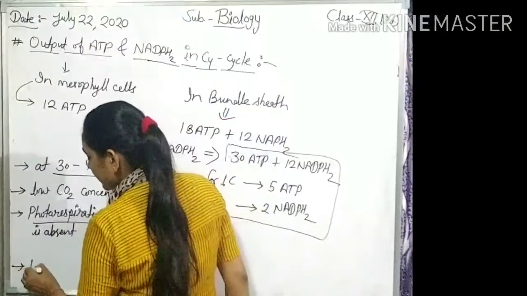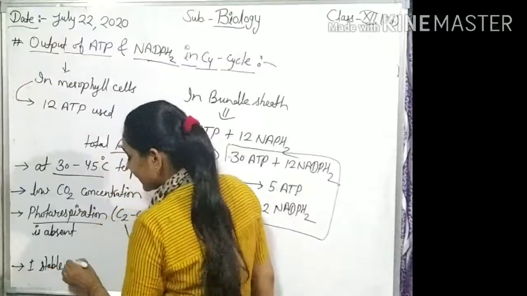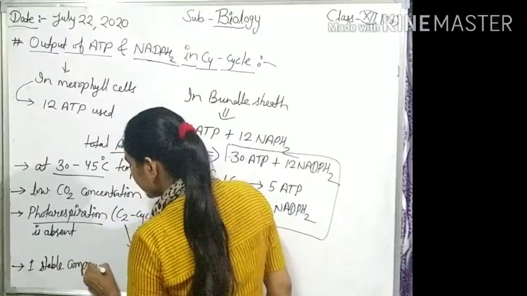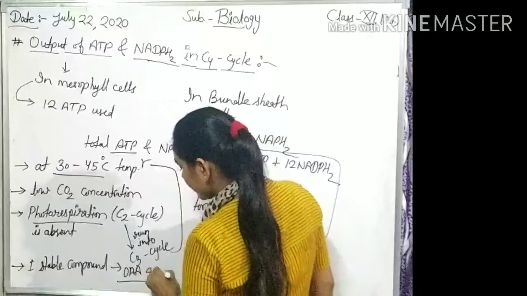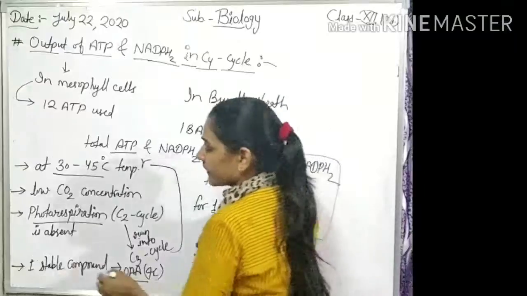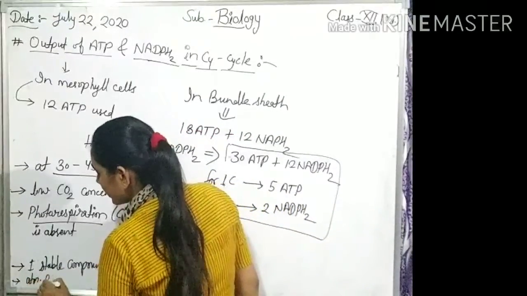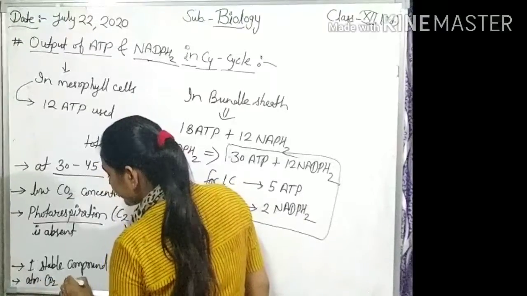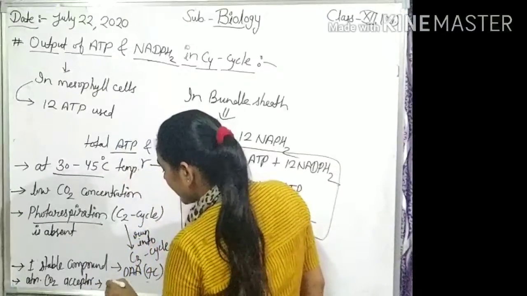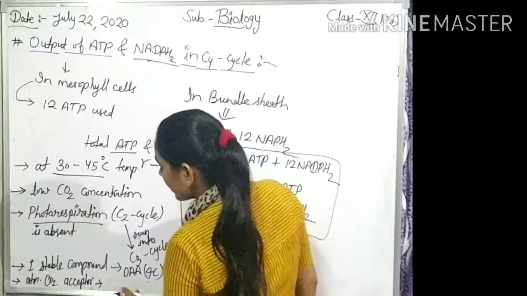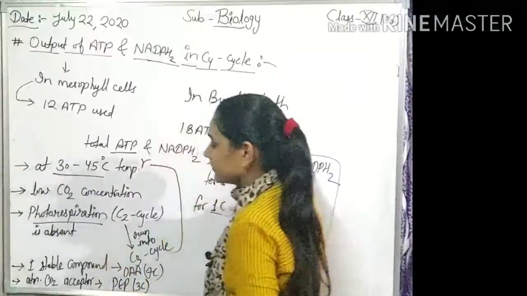And the first stable compound is oxaloacetic acid, which is 4-carbon. The atmospheric CO2 acceptor is phosphoenol pyruvate, which is 3-carbon.